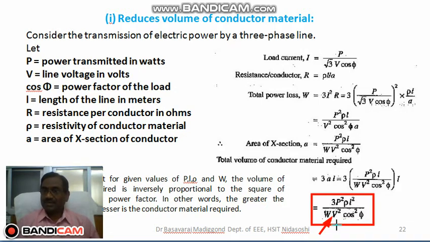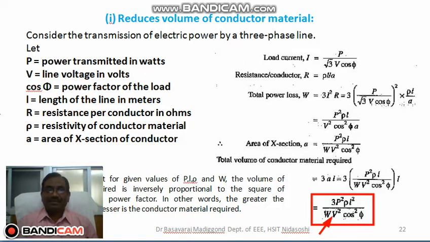So as the transmission line voltage increases, the volume of the conductor material required decreases. So by increasing the transmission line voltage, we reduce the volume of the conductor material required. And if the volume of the conductor material required reduces, then the cost also reduces, isn't it?